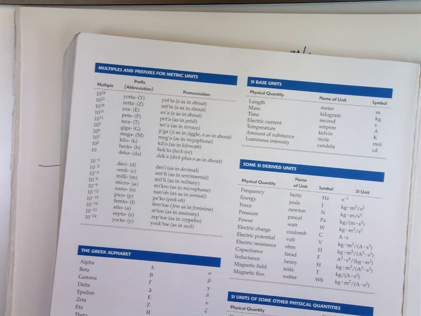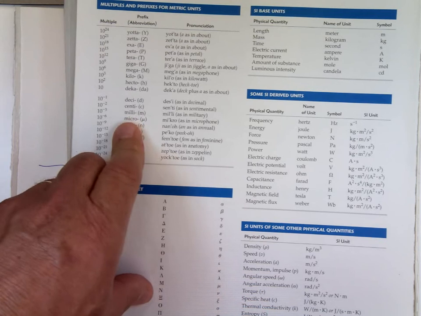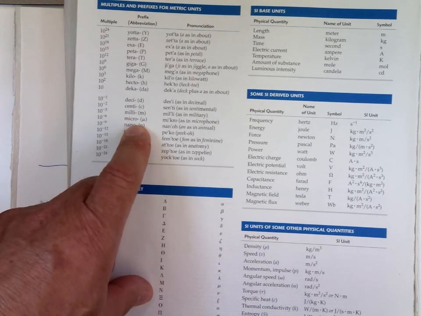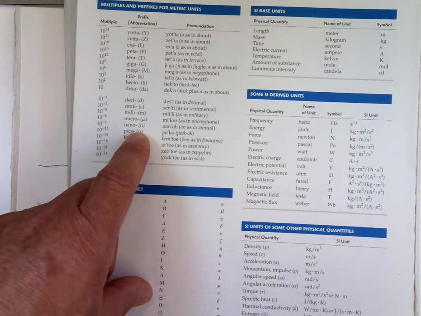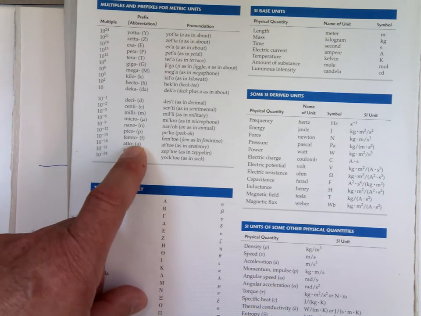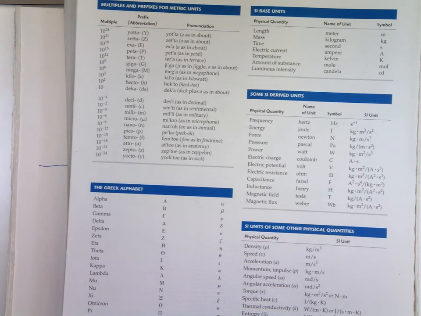Yeah. If the number is really small, we use the smaller prefixes, the milli, 10 to the minus 3. The micro, 10 to the minus 6. The nano, 10 to the minus 9. The pico, 10 to the minus 12. The femto, the atto. So these are for the smaller values. There's the deci and the centi and the millimeters.